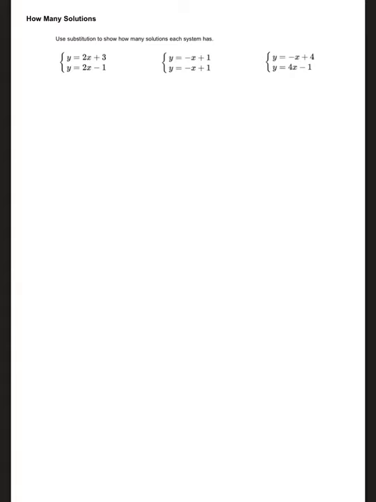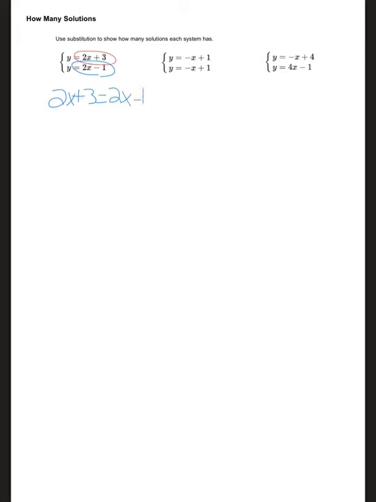Okay, so what does this look like if we have two equations we're not going to graph and we want to solve by substitution? Remember, they both equal y, so we're going to take the 2x plus 3 and we're going to set that equal to the 2x minus 1, right? So 2x plus 3 equals 2x minus 1.